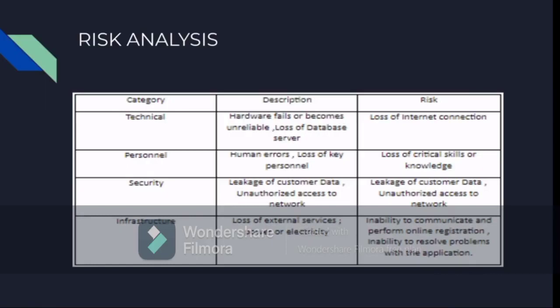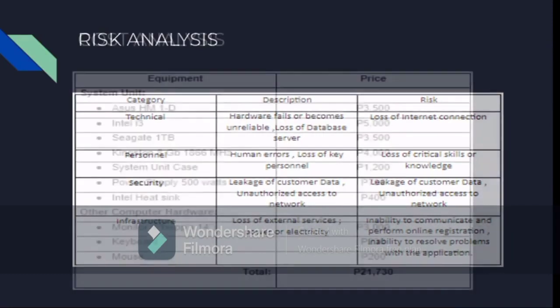Personal human errors: loss of key personnel, risk niya is low of critical skills. Security: leakage of customer data, unauthorized access to network. Infrastructure: loss of internal services, power or electricity, and risk is inability to resolve problems with the application.